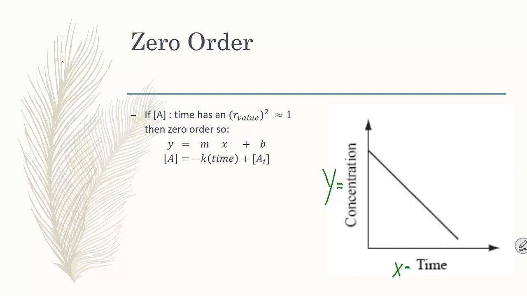B stands for the y-intercept, so the concentration at time 0. So our initial concentration is our y-intercept, and our slope is k, but the concentration versus time will always have a negative slope, so please remember that k is an absolute value.